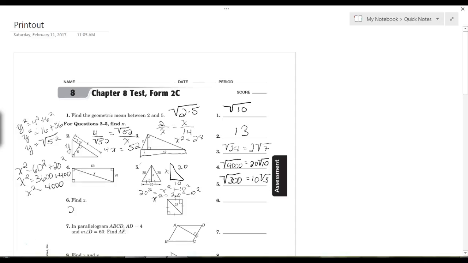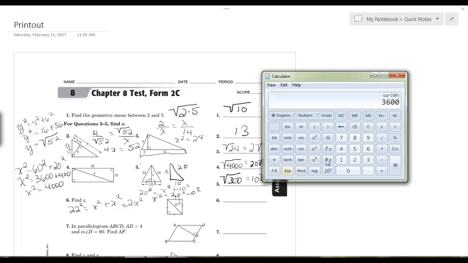So if 22 is my hypotenuse, 22 squared equals x squared plus x squared, which is also equal to 2x squared. So if I divide both sides by 2, well, first let me go ahead and multiply out 22 squared. I'm going to use a calculator. 22 squared equals 484.